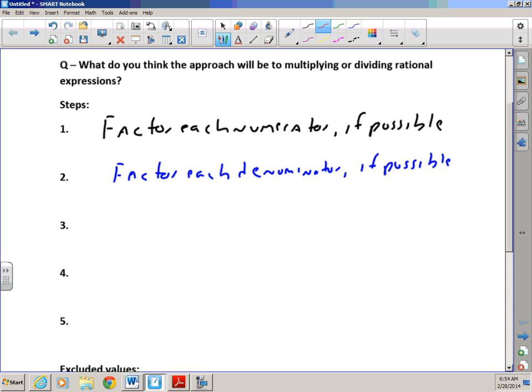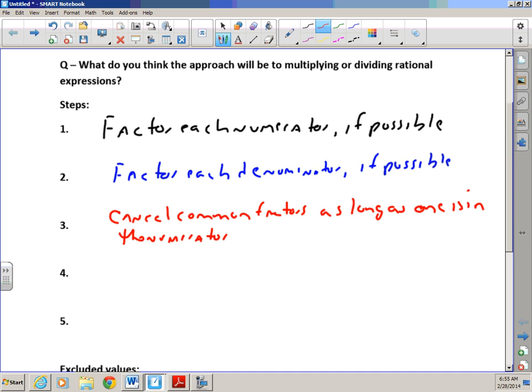Three, we want to cancel common factors as long as one is in the numerator and the other is in the denominator.